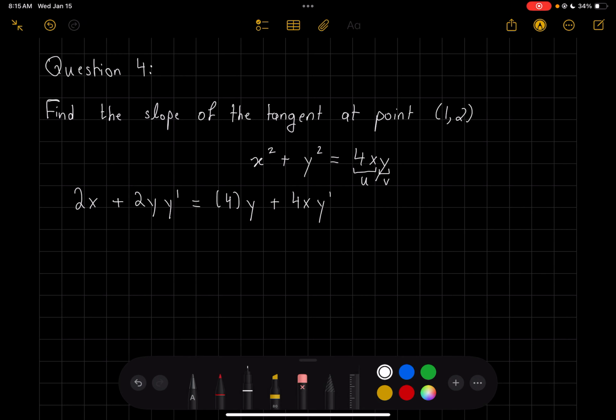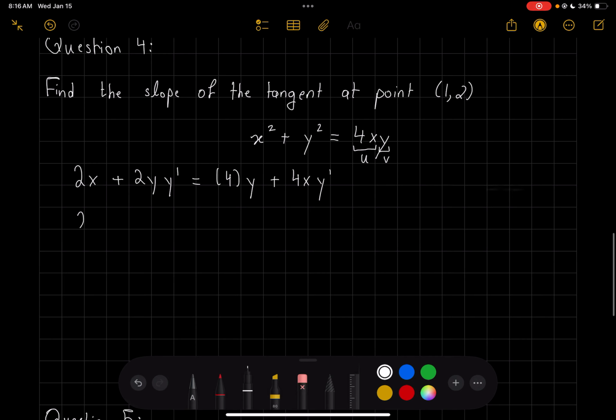So there's a trick over here that you can do. You can literally just replace the x and the y with 1 and 2 from here in order to find y prime. So 2(1) plus 2(2) y prime equals 4(2) plus 4(1) y prime.